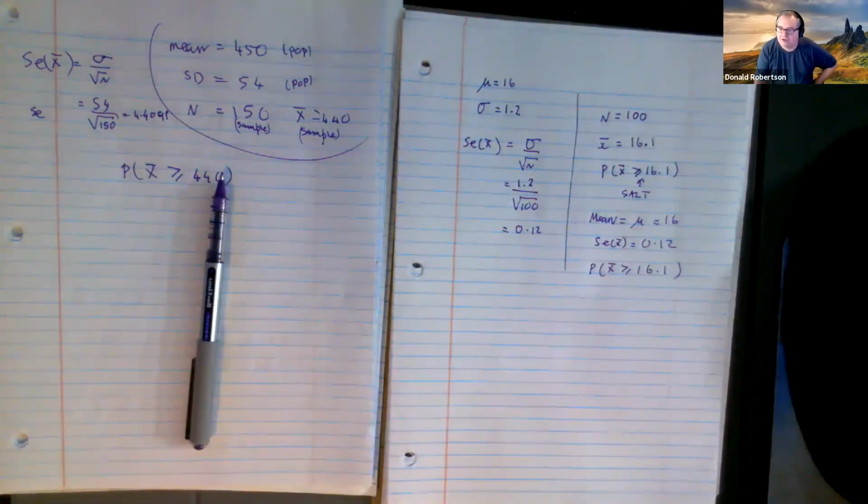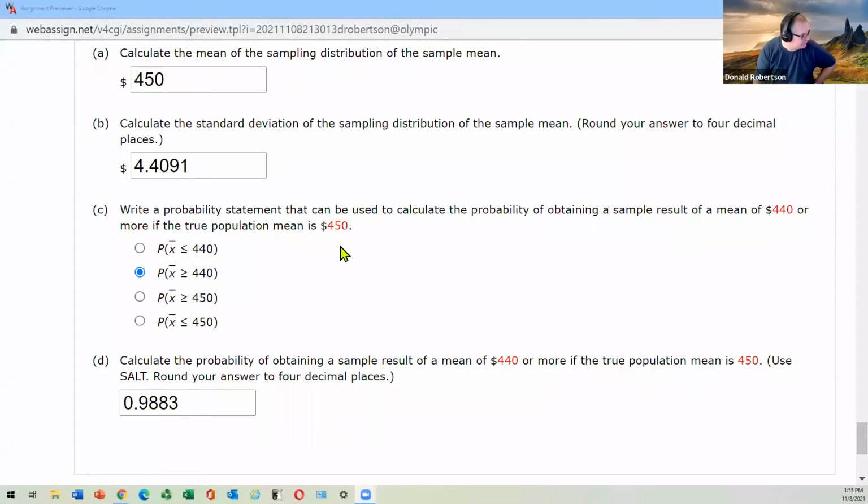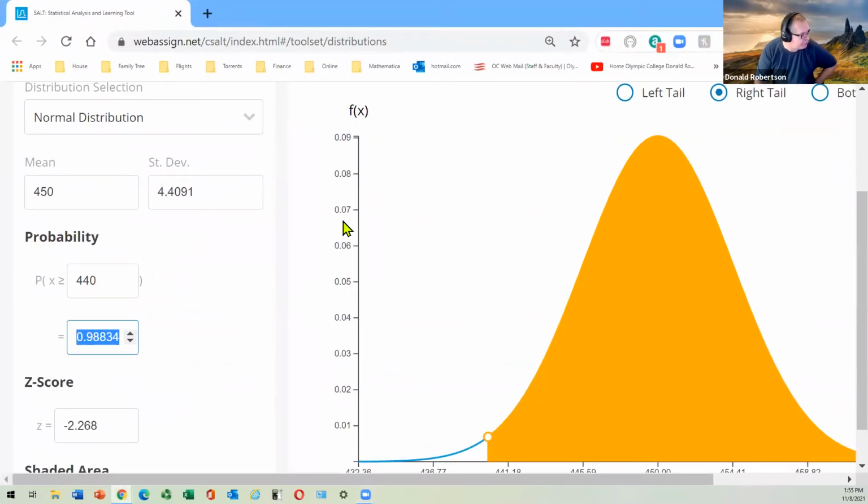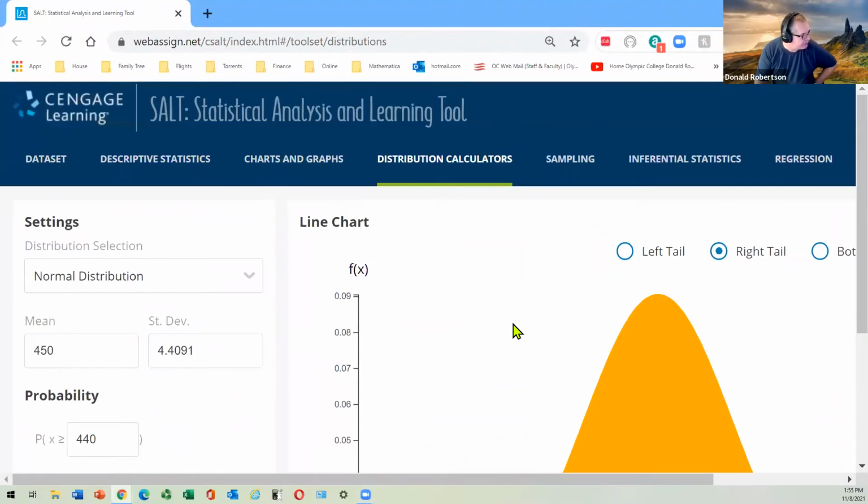I'm going to do two versions of this. This is the first one. I'm assuming that you're looking at SALT. Is that what you're saying, guys?